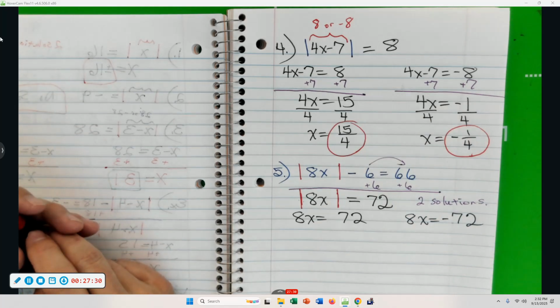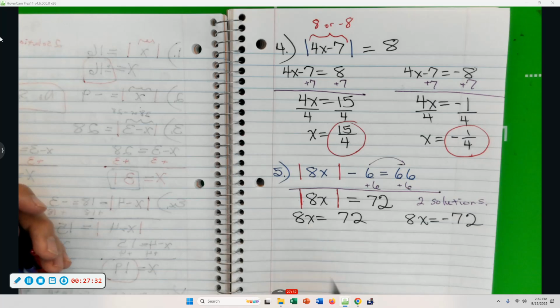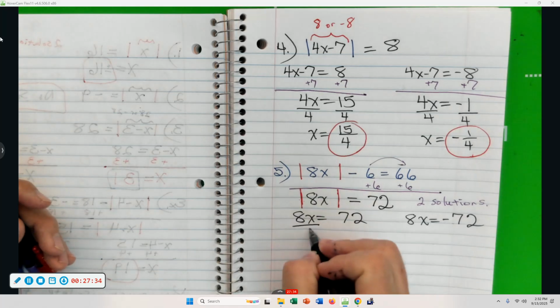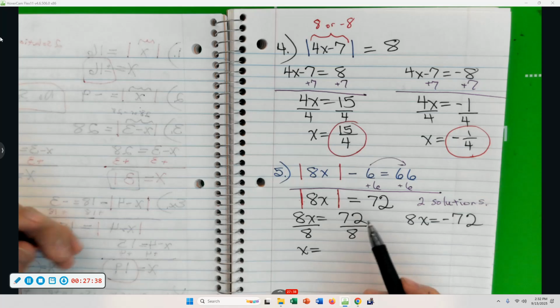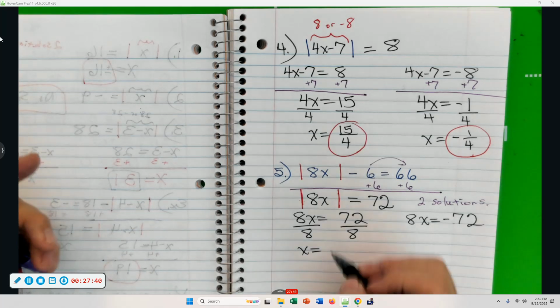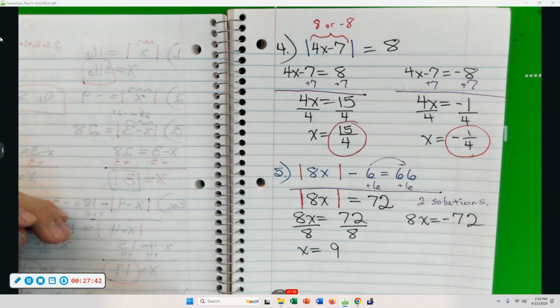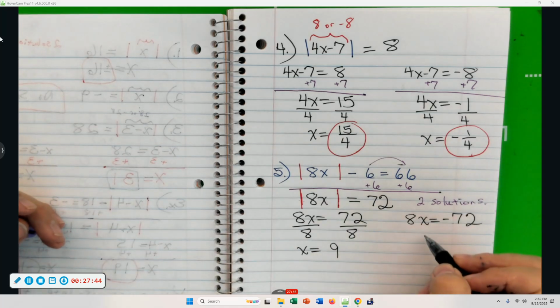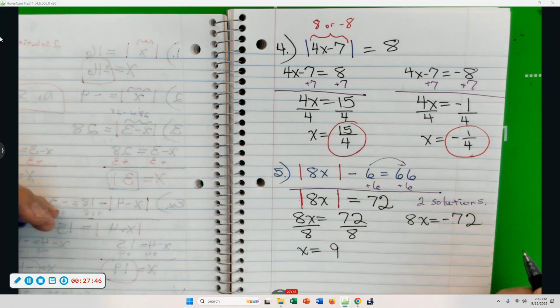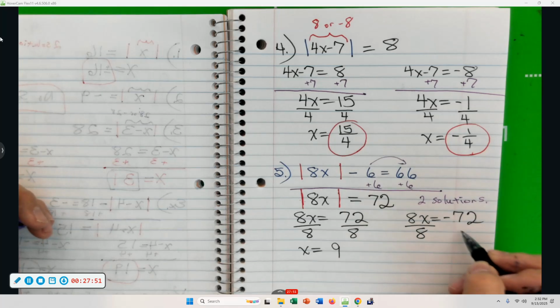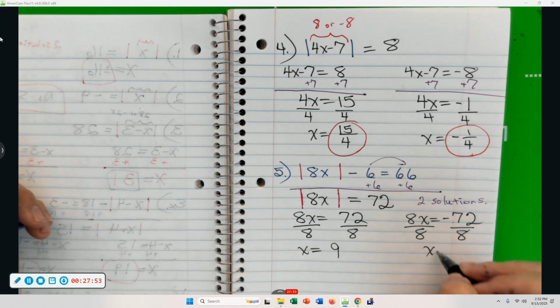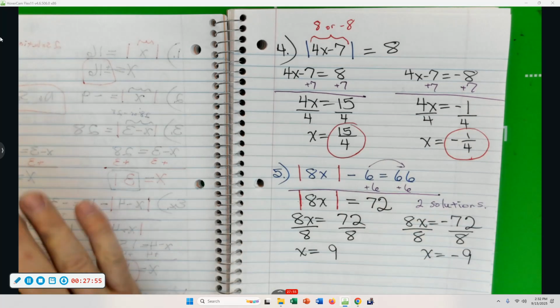And then what? For this one, divide by 8 to give us x equals 72 divided by 8 is a positive 9. Here, the second case, divide by 8, and it gives you a negative 9.